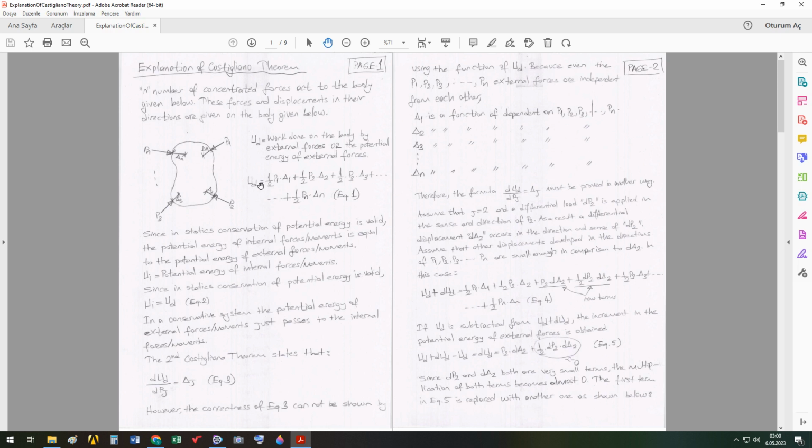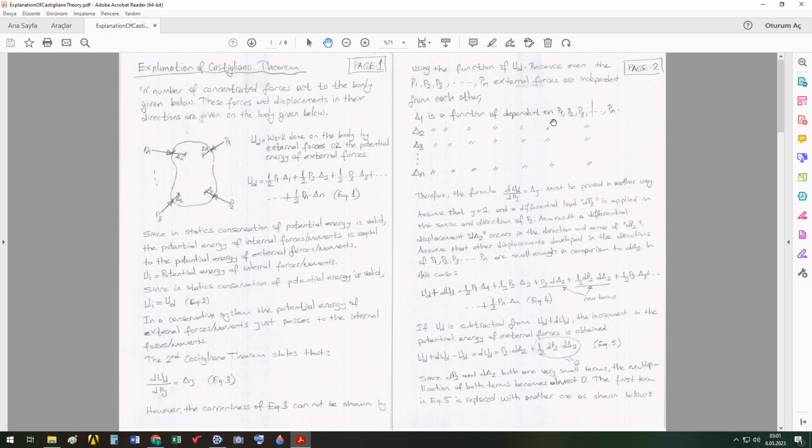So the first derivative of the potential energy of external forces with respect to P2 equals delta 2. However, the correctness of equation 3 cannot be shown by using the function of UD. By using this function, one cannot prove that this equation is correct. Because the external forces P1, P2, P3 till Pn are independent from each other.